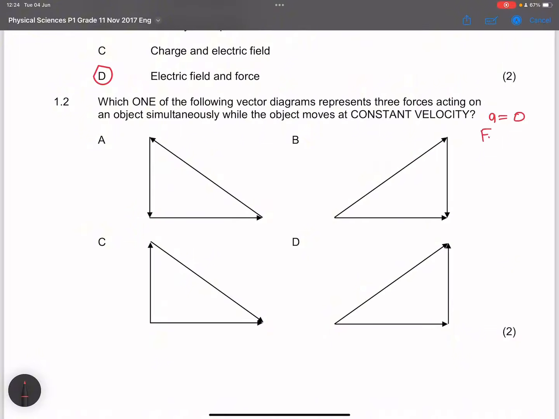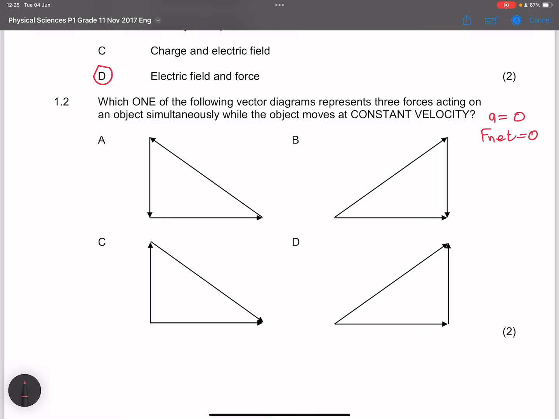It means that the net force is also equal to 0. If they are at equilibrium with one another, then the triangular law of forces in equilibrium says that those forces need to be drawn in such a way that they make a head to tail diagram.